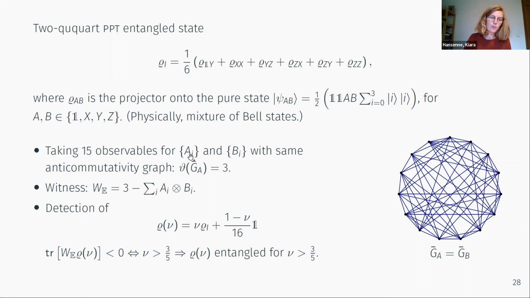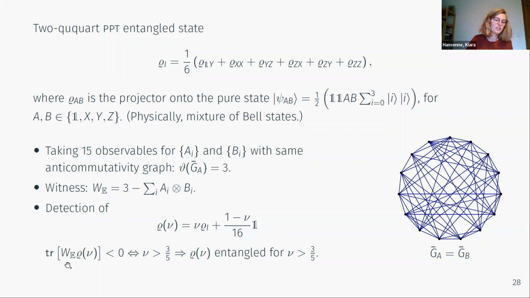Okay. And then from those 15 observables, I just built the witness W_E with the 3, that is the Lagrange number of A and B, minus the sum of those tensor products of the observables. And now we wanted to detect the state rho_E, this entangled state here, but we mixed it with some white noise, meaning that we have a probabilistic mixture of rho_E and the maximally mixed state here.